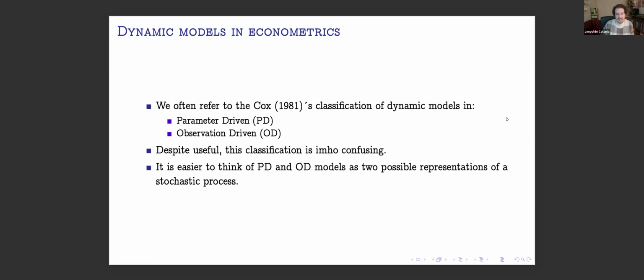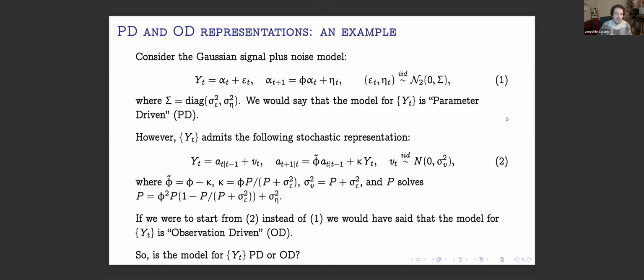That's because to me it's easier to think of parameter-driven models and observation-driven models as representations of a stochastic process. The first part of the paper is actually focusing on this and providing an argument to move beyond this classification and look at them as representations of a stochastic process.